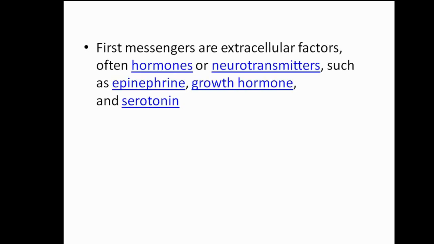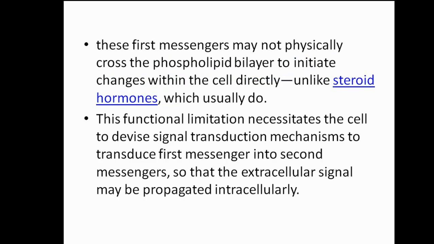The first messengers are extracellular factors, often hormones or neurotransmitters, such as epinephrine, growth hormone, serotonin, etc. These first messengers may or may not physically cross the phospholipid bilayer to initiate changes within the cell directly, unlike steroid hormones, which usually do it.